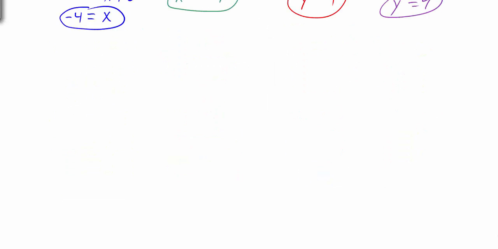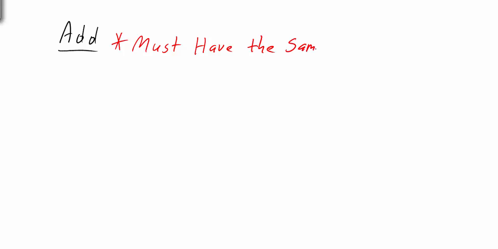All right, so we want to now look at how do we add two matrices together. Well, first of all, one thing that's very important is that if you're going to add your matrices together, they must have the same order. Okay, so in other words, you can only add a 2 by 3 matrix with a 2 by 3, or a 2 by 2 to a 2 by 2, or a 3 by 3 to a 3 by 3.